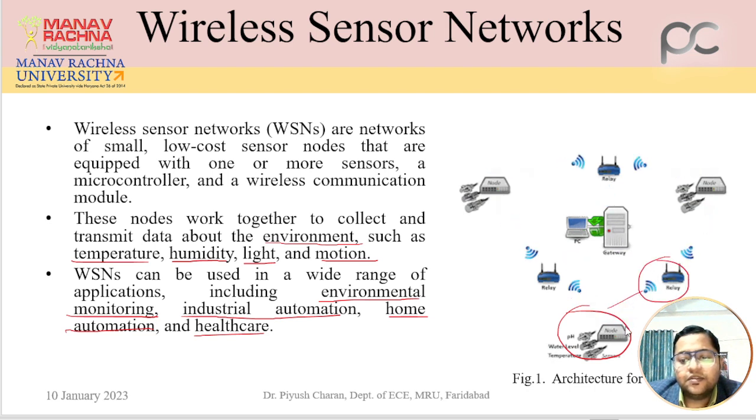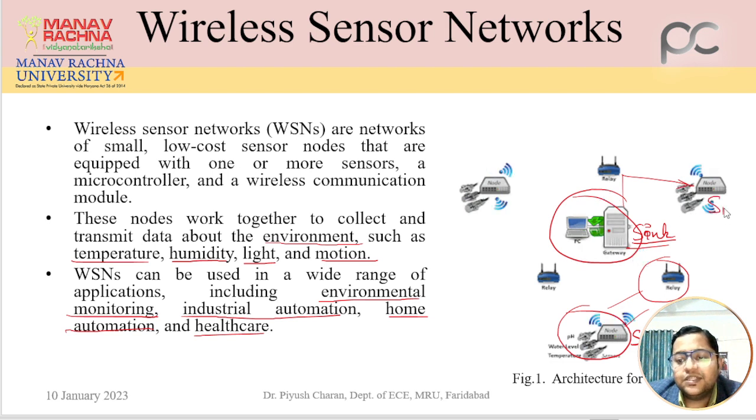These source nodes are sending data to the relay nodes, and it is again sent to the sink node or the destination node, which is the central gateway. And from this gateway you can also send this data through a relay node to the other node. So maybe this node is the sink node in case. So this source node can send data through relay nodes and the gateway to the other relay node and send it back to the sink node, whichever one is the sink node in our case.